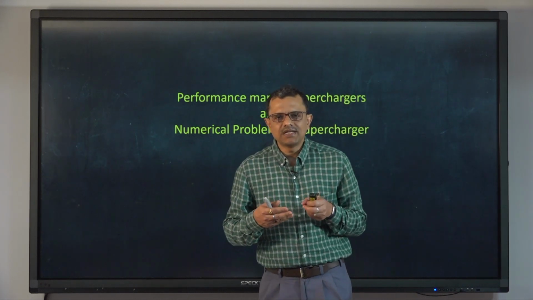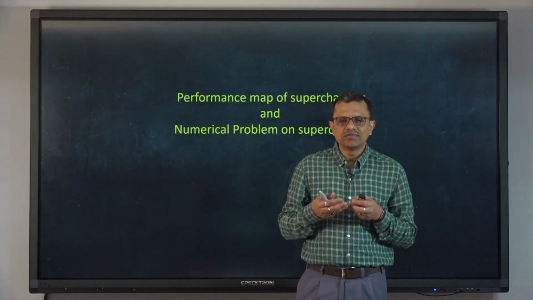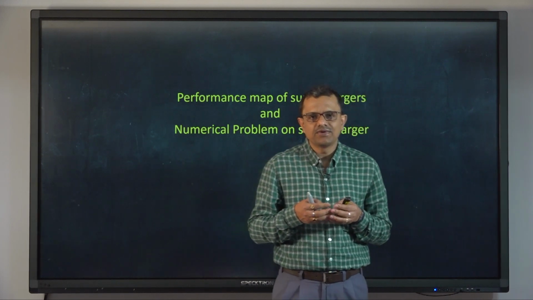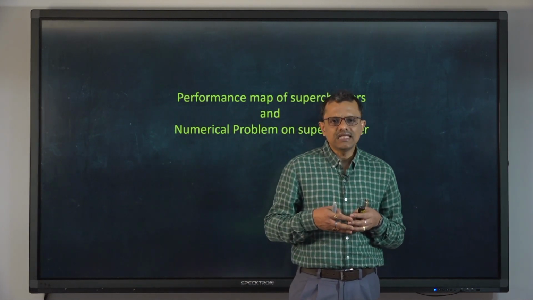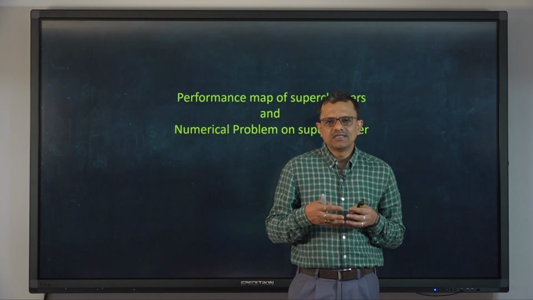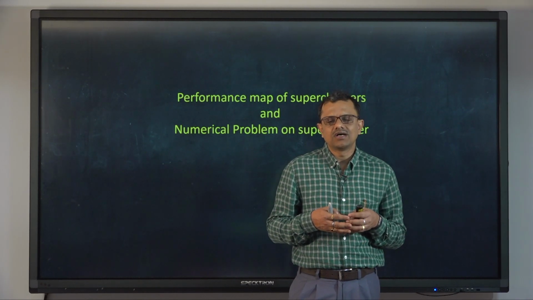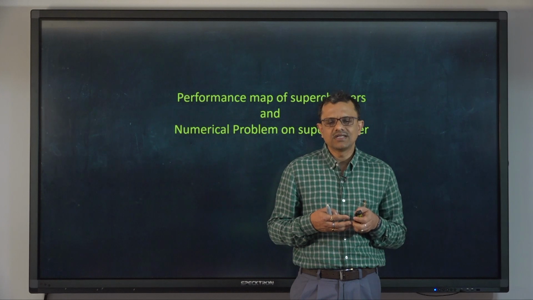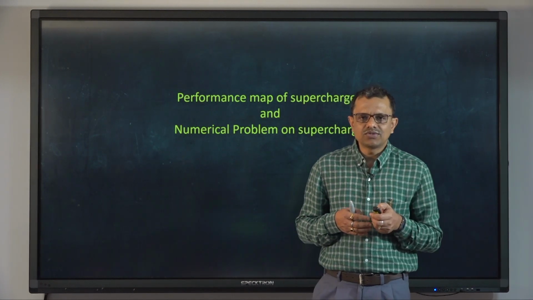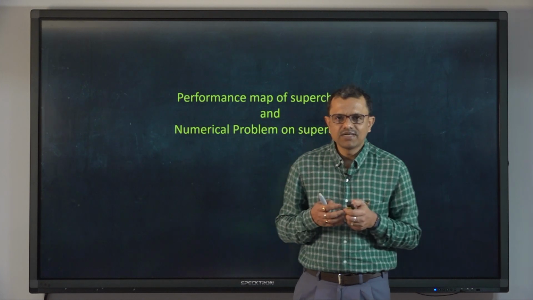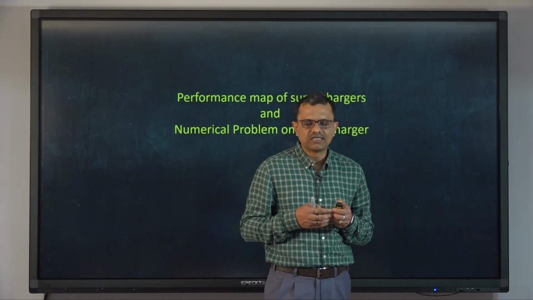If we increase the speed, certainly we can have larger or greater amount of mass of air to be inducted, but increasing the engine speed increases frictional losses as well. So, let us discuss about what is this particular map in the context of superchargers.